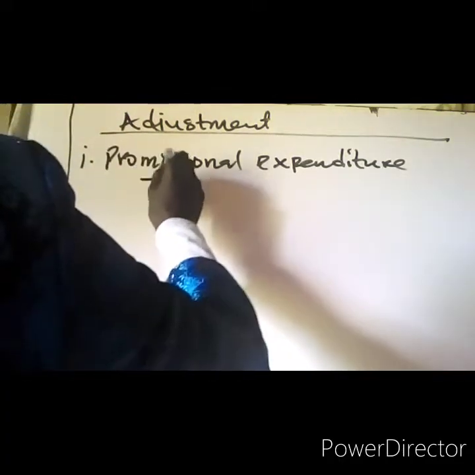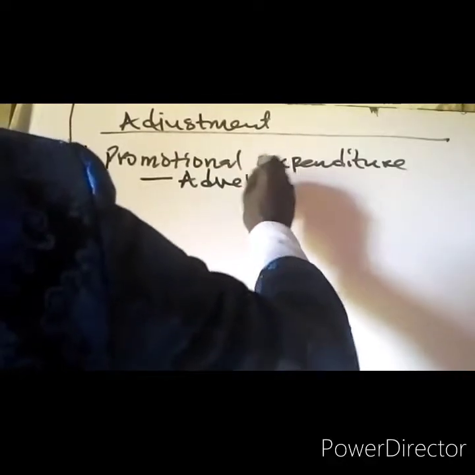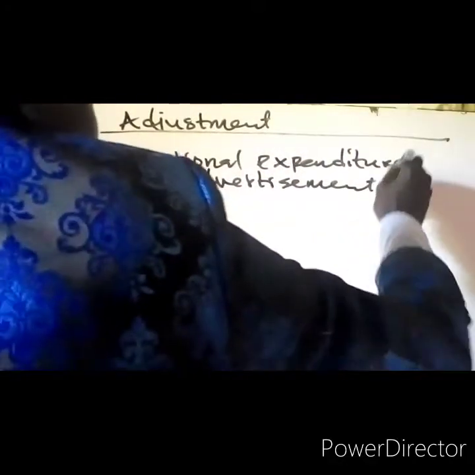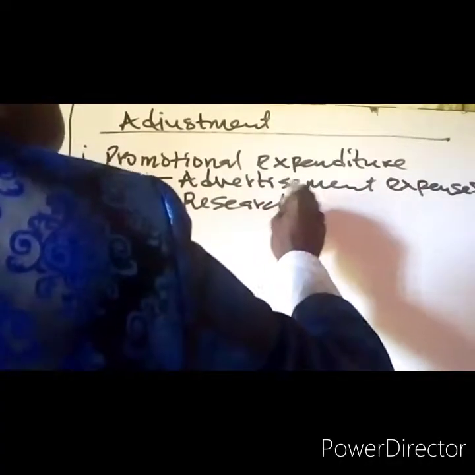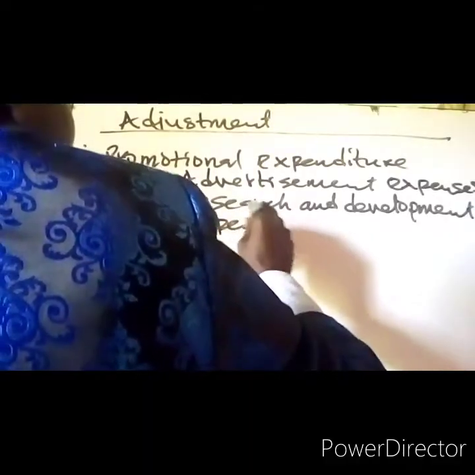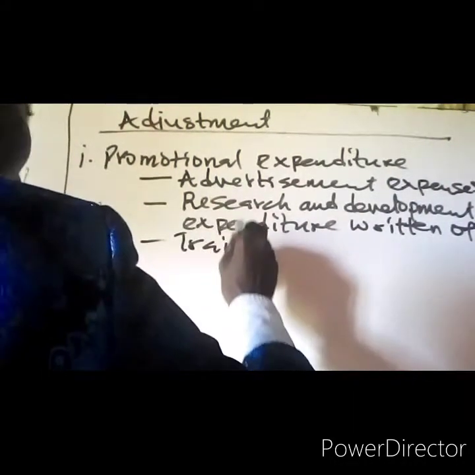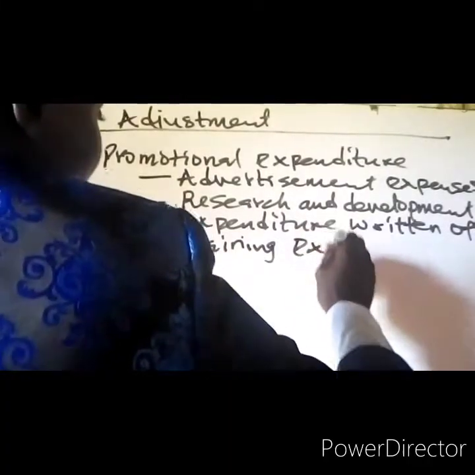So this includes advertisement expenses, research and development expenditure written off in accordance with IAS 38, intangible assets. Then training expenses or expenditure.